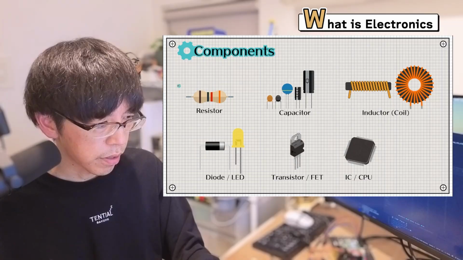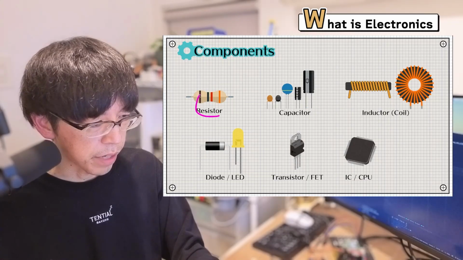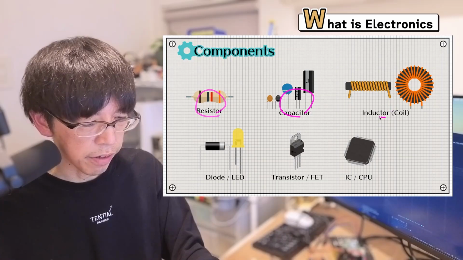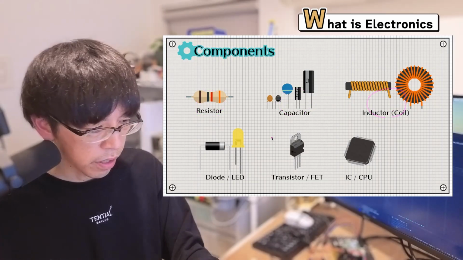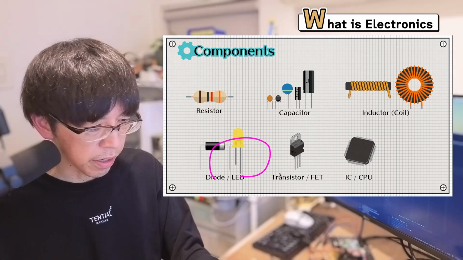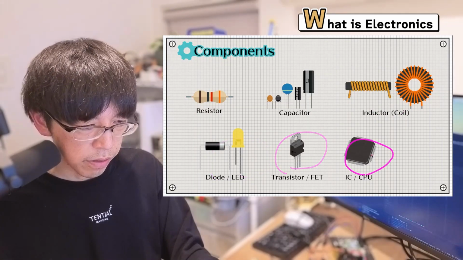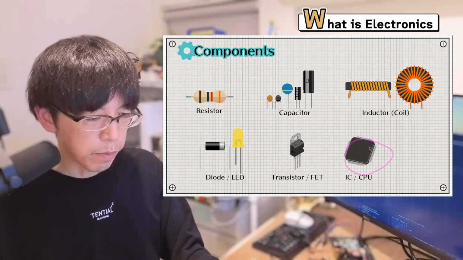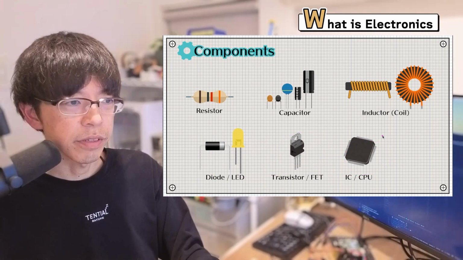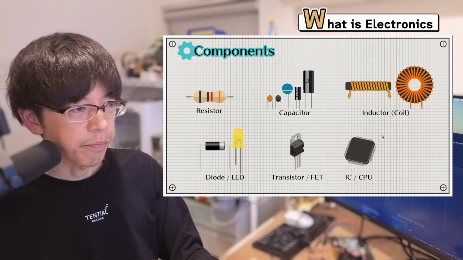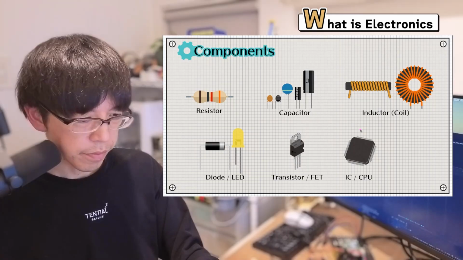I put some examples here: resistor and capacitor and inductor, which is sometimes called a coil, and diode or LEDs and transistor, FETs, or ICs or CPUs. Every device has these components.